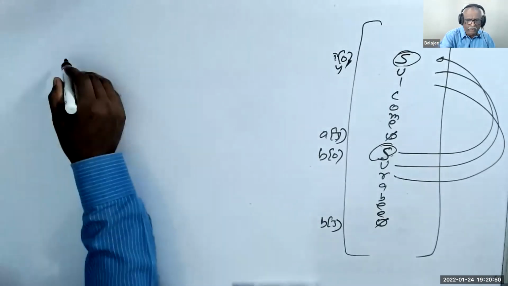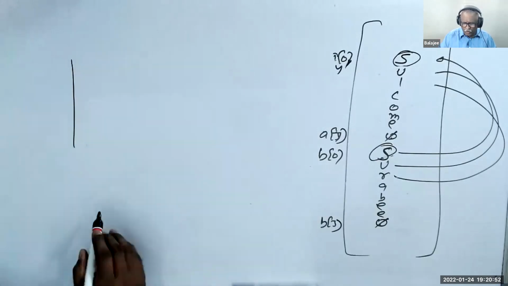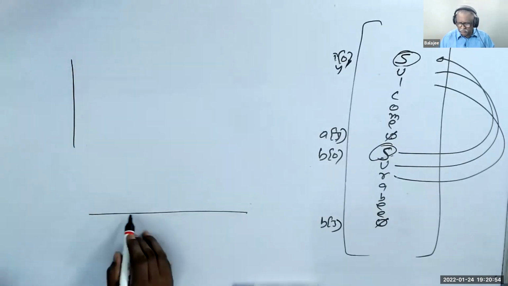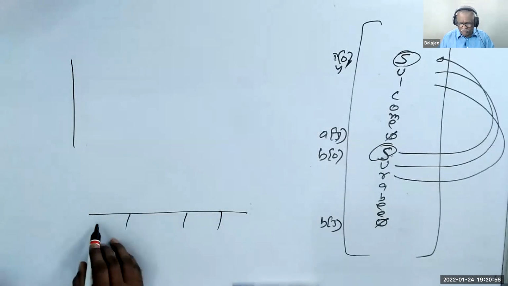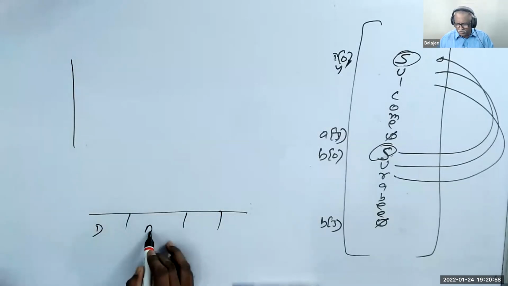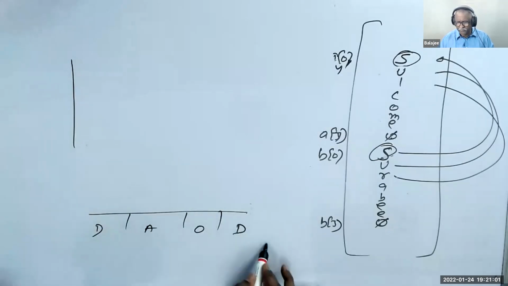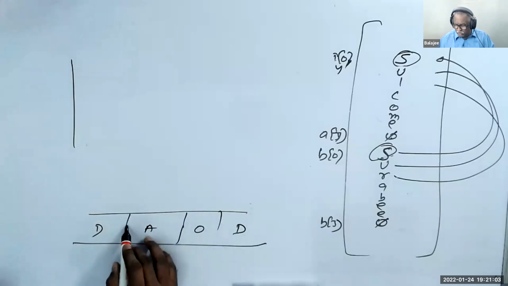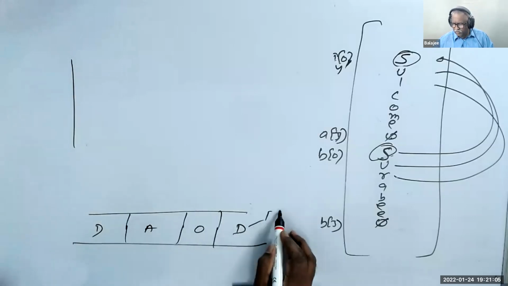Once you have done, as I told you, the first 2 levels: declaration, assignment, operators, and decision making. In decision making, there are two things: one is general if, and loop.